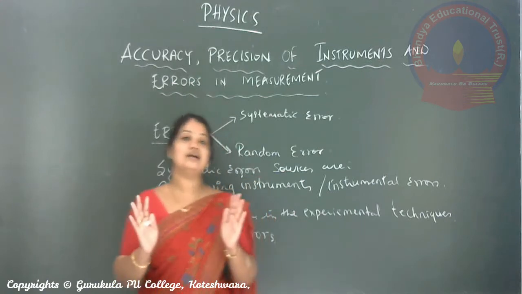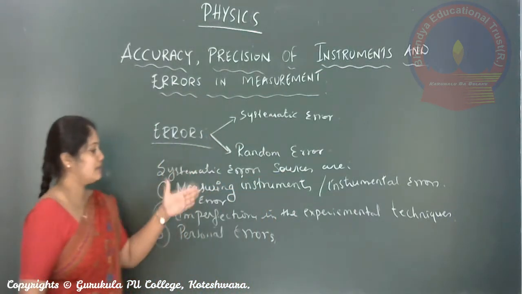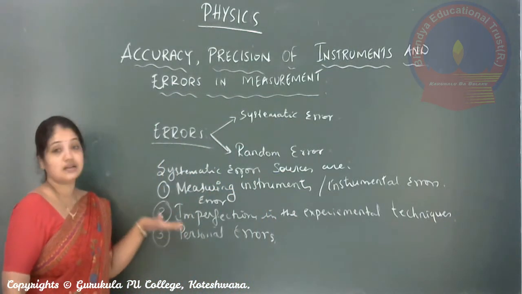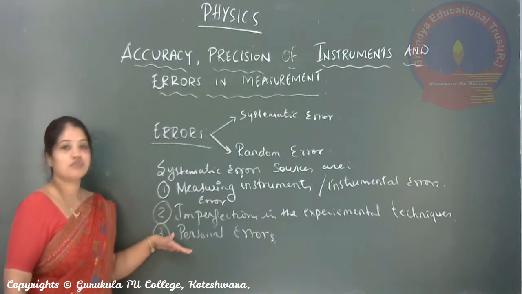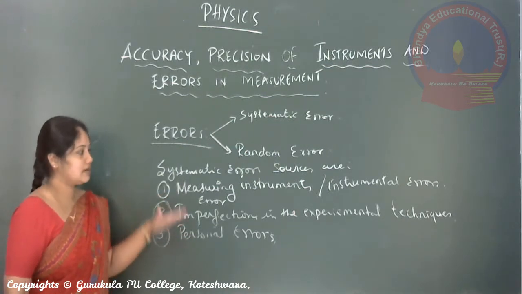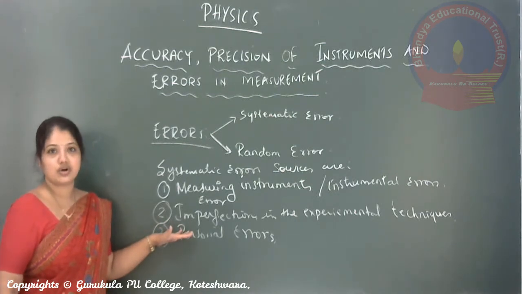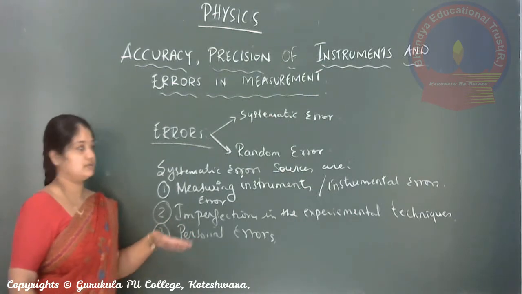These are the three main sources of systematic errors.